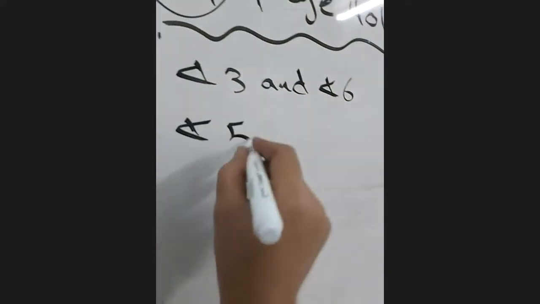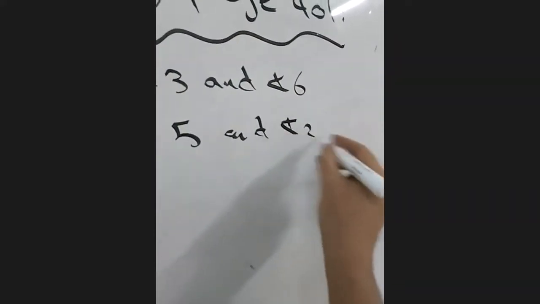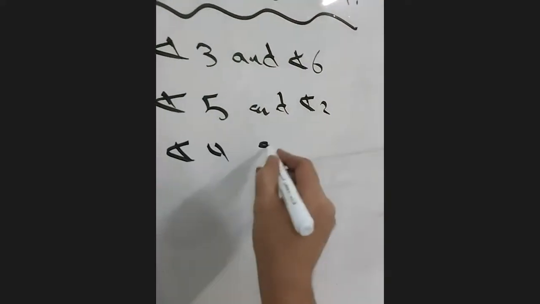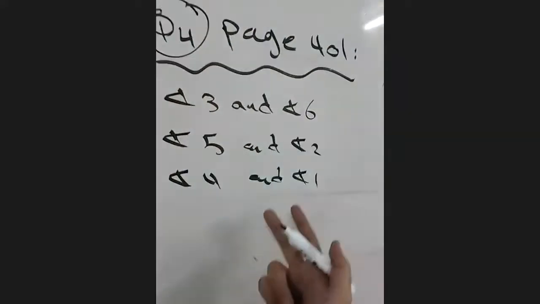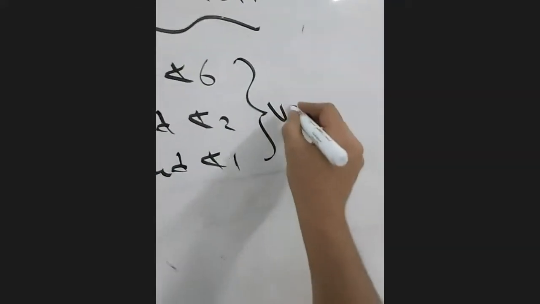Then 4 and 1. Angle 4 and angle 1. Do we have more? No. So you write them like this, and you will say these are the vertical angles.